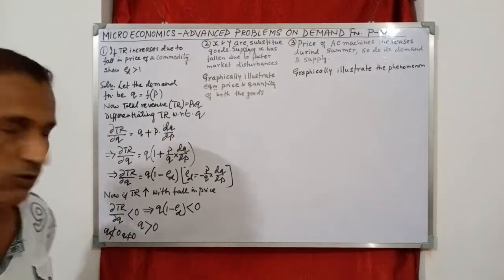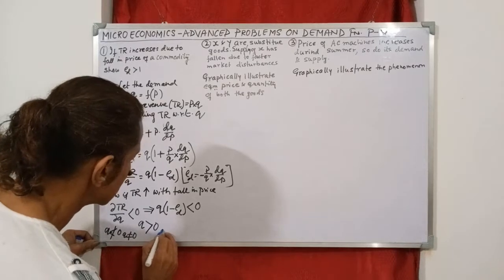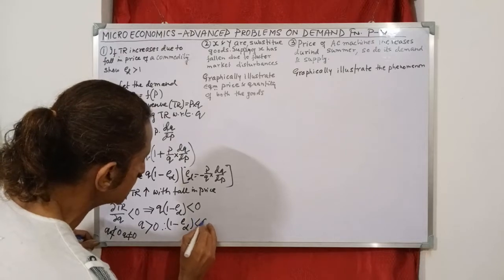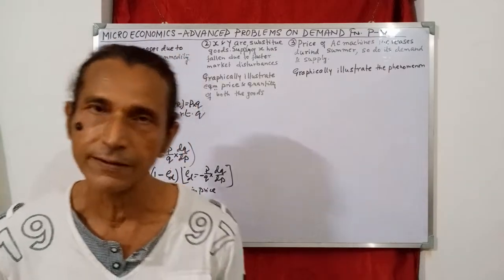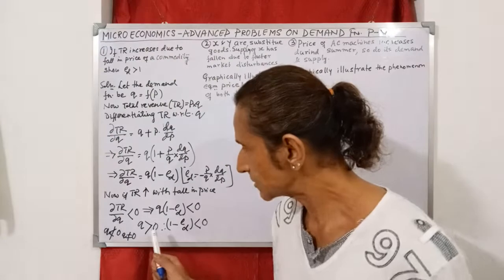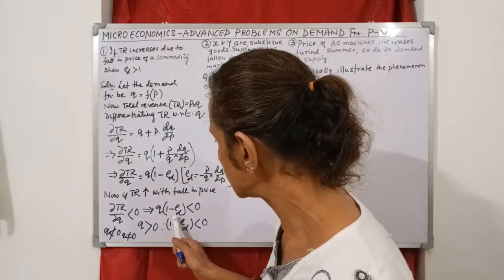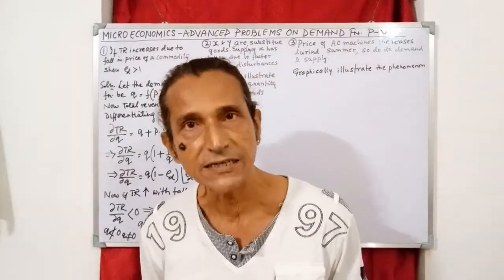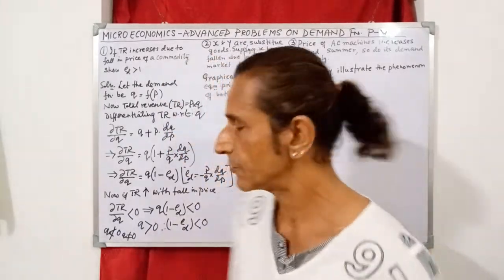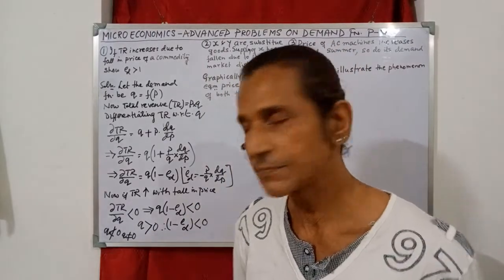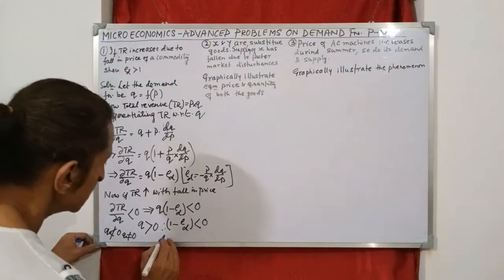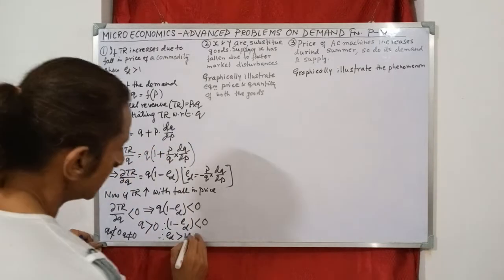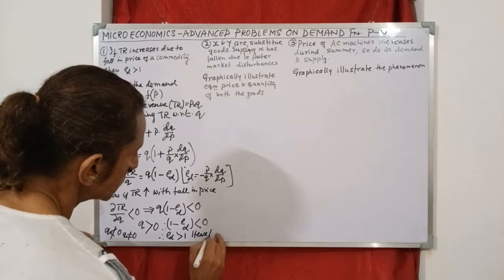If Q is greater than 0, that is positive number, then 1 minus ED is less than 0. Right? Now 1 minus ED can be less than 0 if and only if ED is greater than 1. Therefore, ED is greater than 1. Hence, proved.